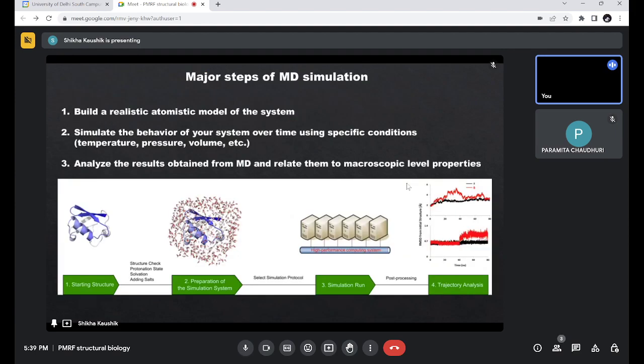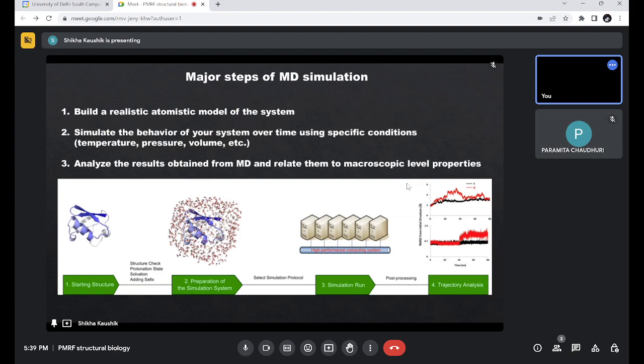So what are the major steps of molecular dynamics simulation? We have certain steps that we follow. Whenever we are simulating any process or system, we first have to build a realistic atomistic model of the system. This is like making a drawing or a sketch: you first have to understand what you are making.